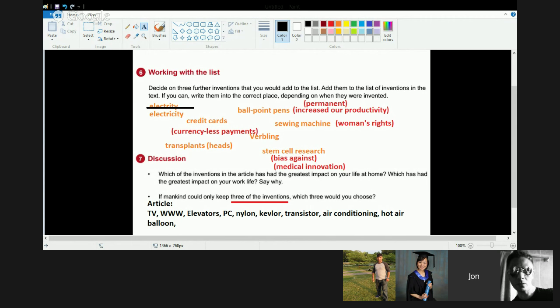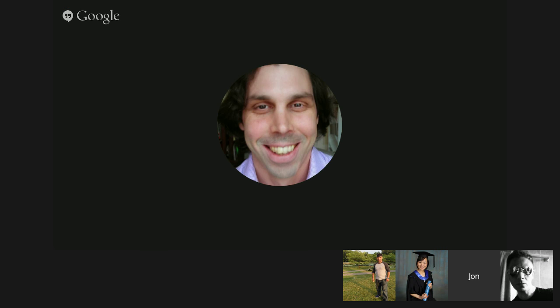I vote for electricity and sewing machine because they provide our basic needs, and the World Wide Web would be a means to spread knowledge all over the world, and from that base, other people will invent other inventions. It'll give the human race a chance to rebuild if we need to. Yes, that's what I mean. Thanks for that, very good.